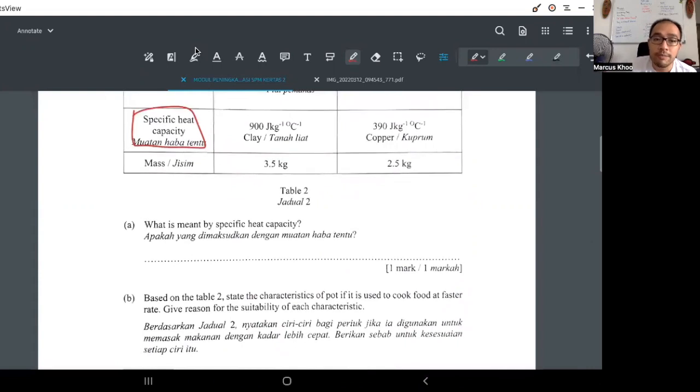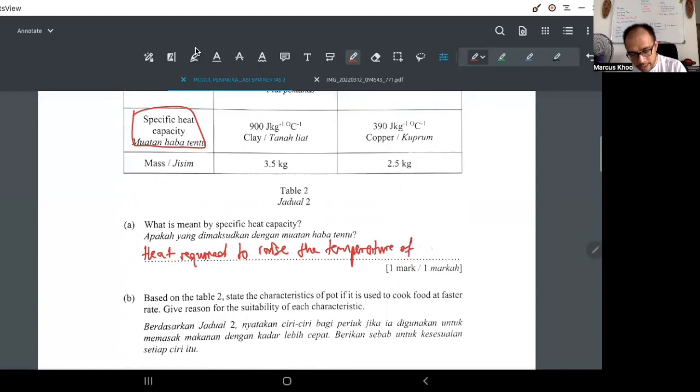Okay, now what is meant by specific heat capacity? Okay, it is the heat required to raise the temperature of a 1 kilogram substance by 1 degree Celsius.